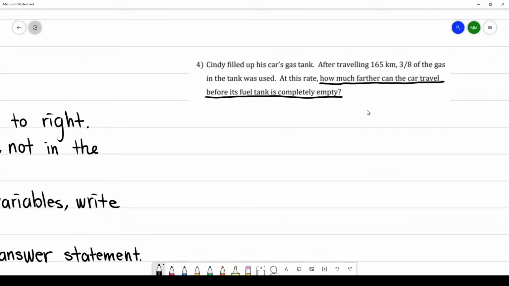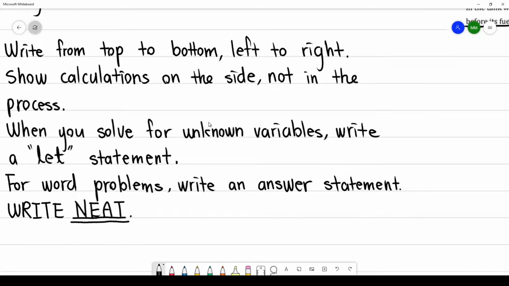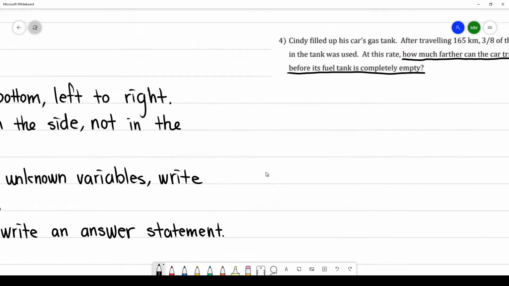So this should be a hint to you that you are solving for unknown variables. And when you solve for unknown variables, write a let statement.